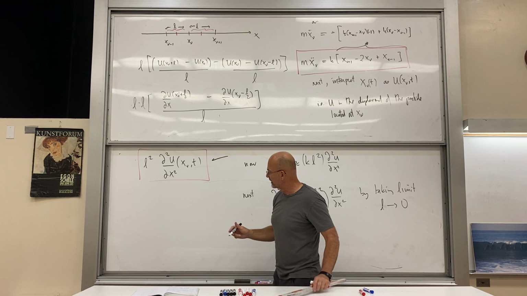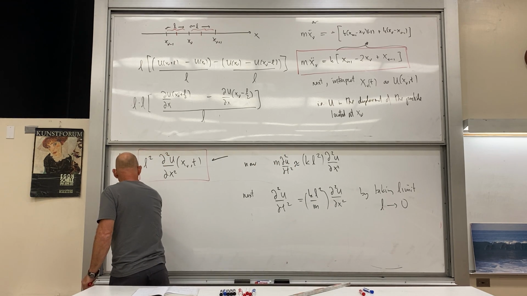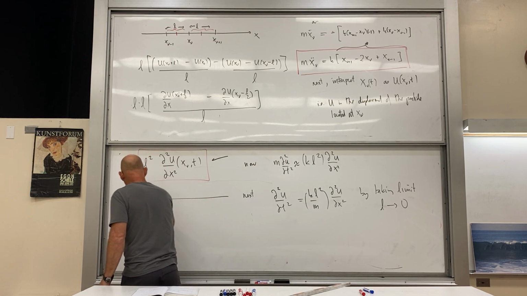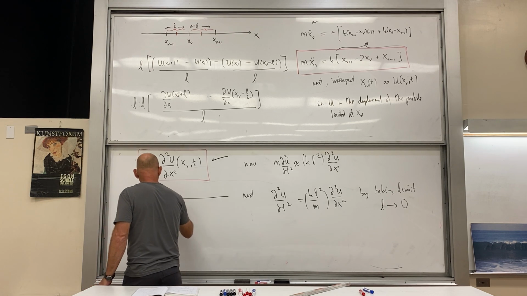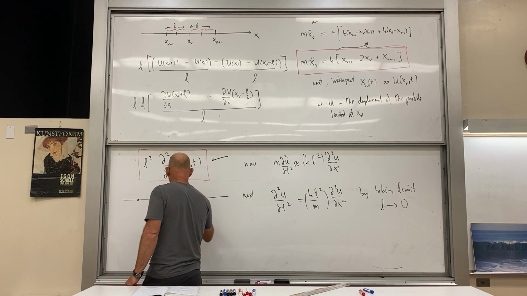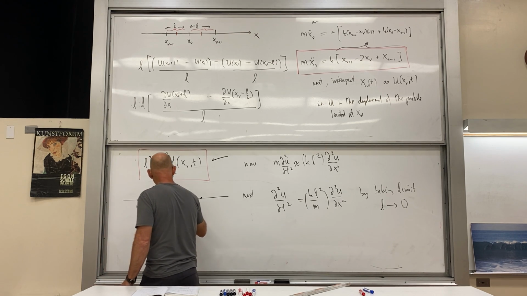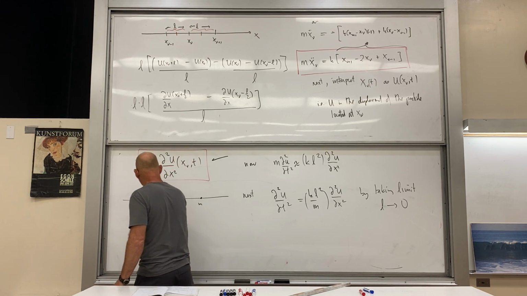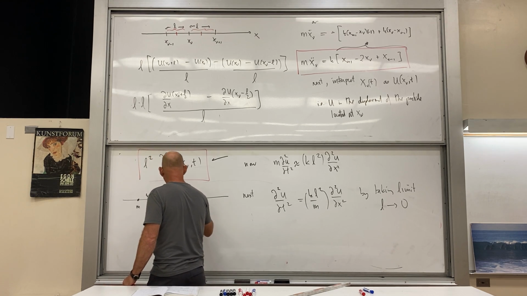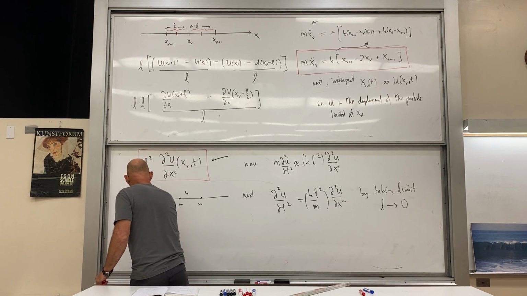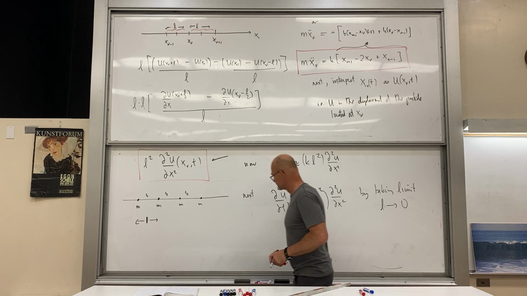I'm going to go ahead and draw this one more time. I don't have to draw any squiggly springs anymore. So we have masses, we have spring constants K, and we have a separation L on each of these.